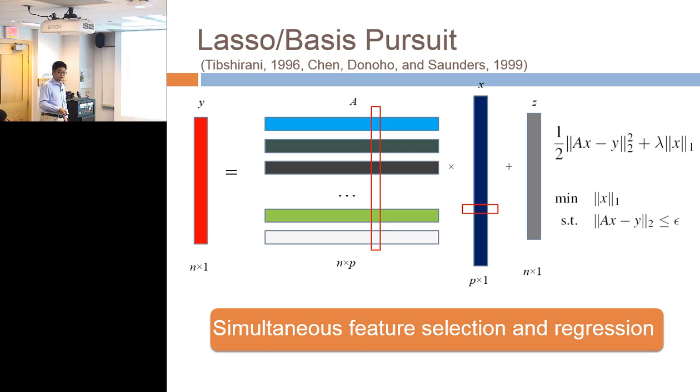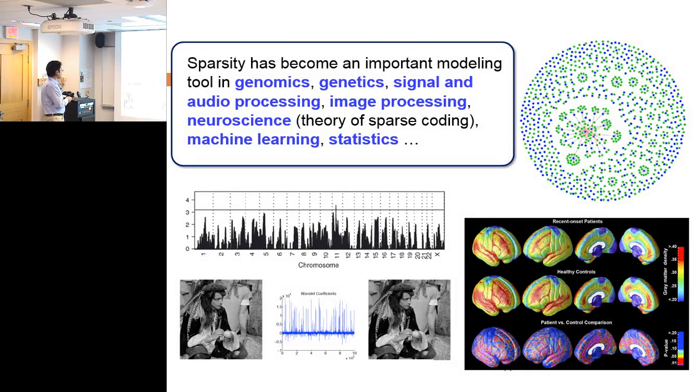It can be a matrix. So sparse means a lot of zero components. Right? So sparsity has become an important modeling tool in many applications, including genomics, genetics, signal and audio processing, image processing, neuroscience, machine learning, statistics, many applications.